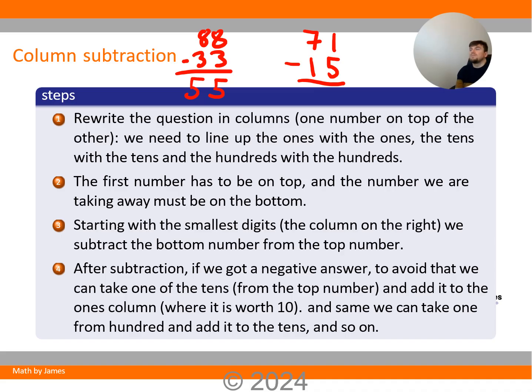Because this would be like negative 4, we need to borrow from the tens. So we make this a 6, and we give a 1 here. That means we've got 11. 11 take away 5 equals 6. And then we have 6 take away 1, which gives us 5. So our answer is 56.